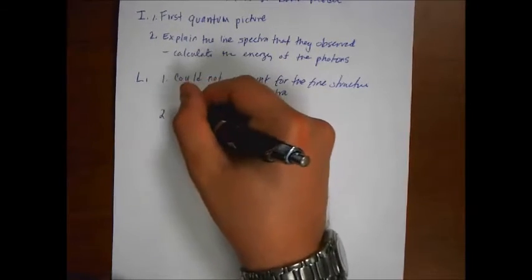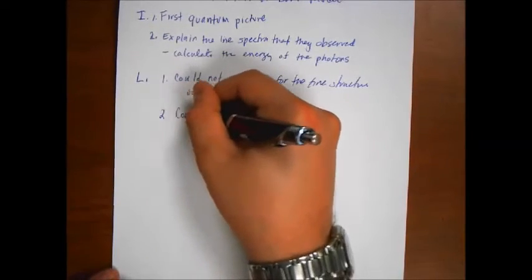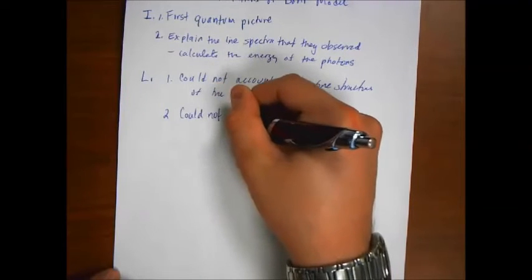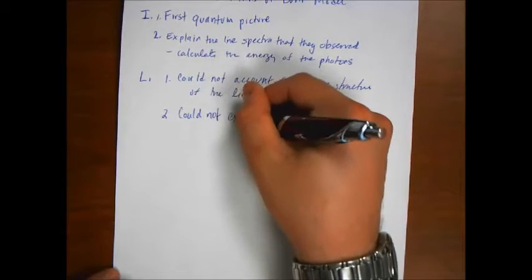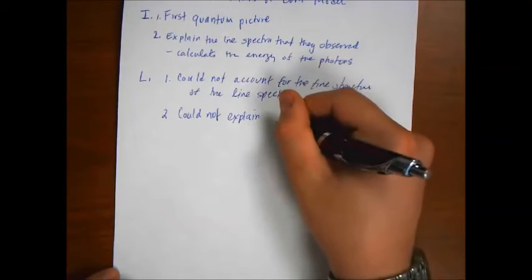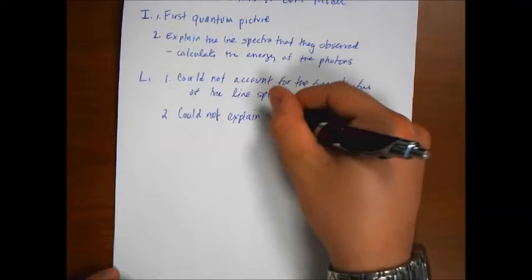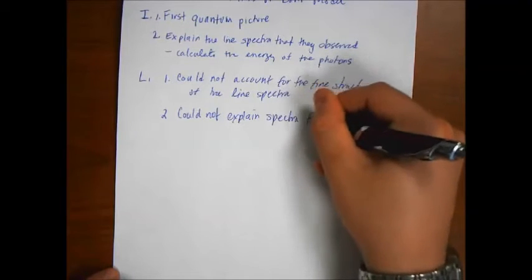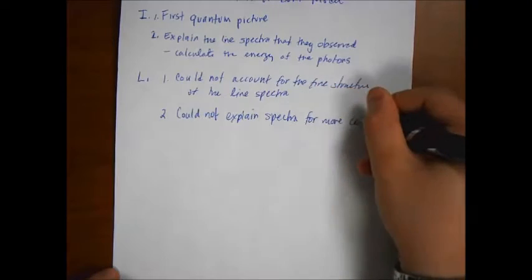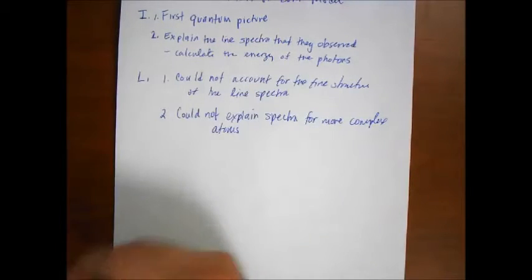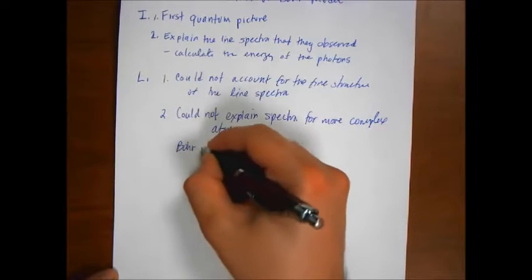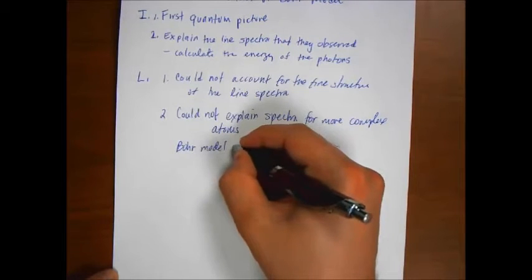The other thing that the Bohr model could not account for was the spectra for more complex atoms. The Bohr model only works with one electron systems.